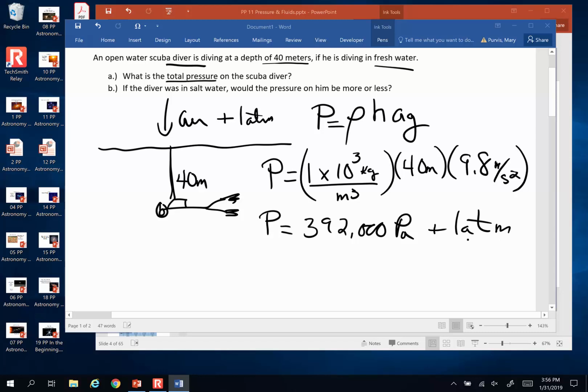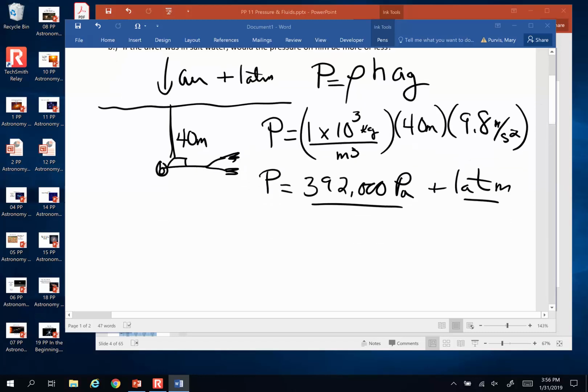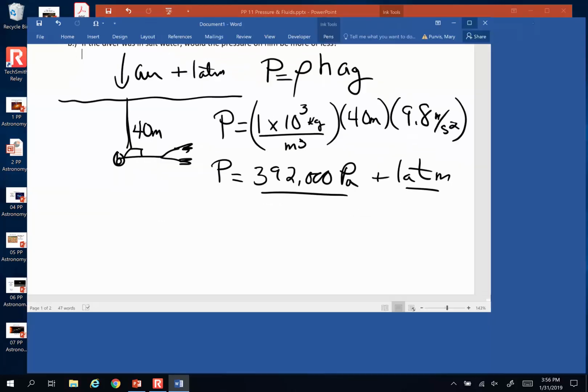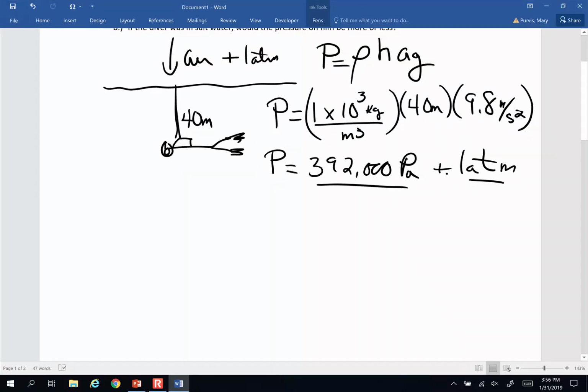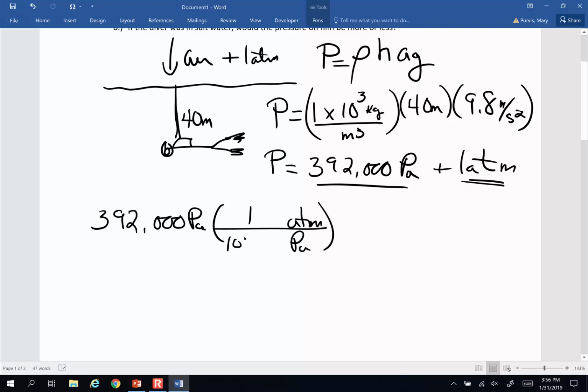And we've got 2 weird units here kind of mixing it up. So let's get it all in one kind of unit. And the kind of unit we're going to use is, let's do it all in atmospheres. 392,000 pascals. We are going to get rid of pascals and keep atmospheres. 1 atmosphere is 101,325 pascals.